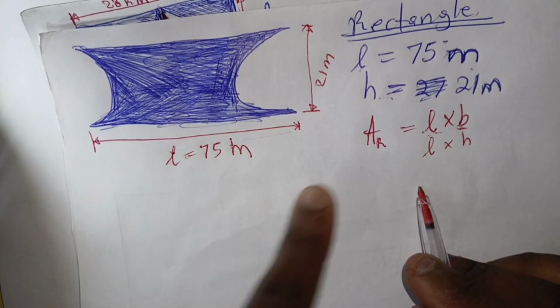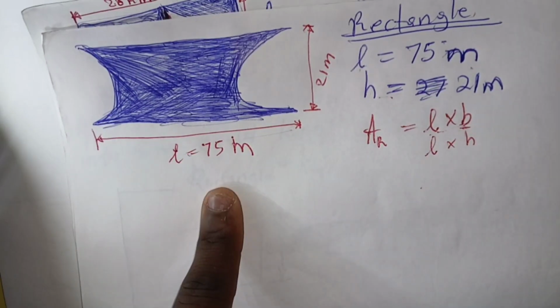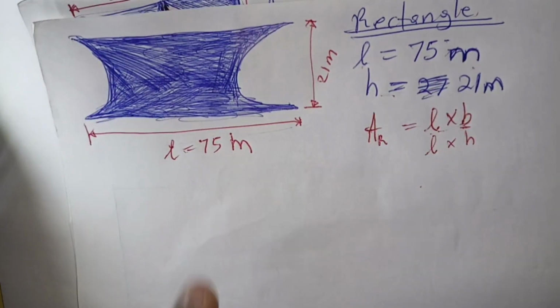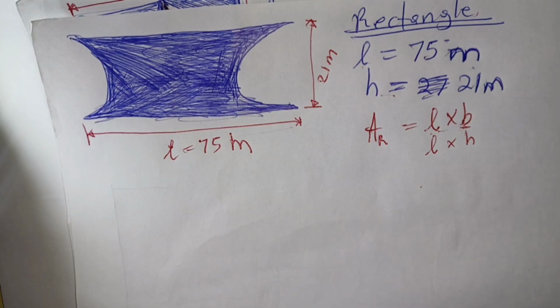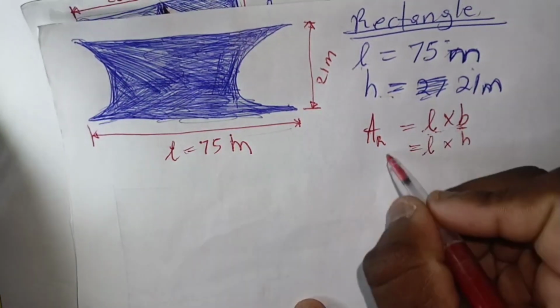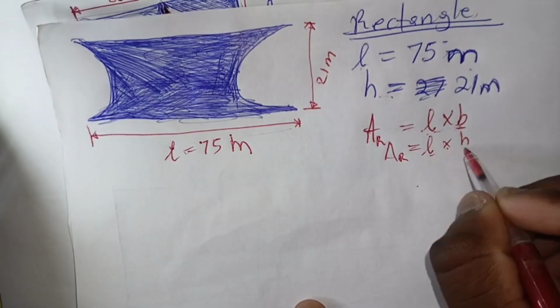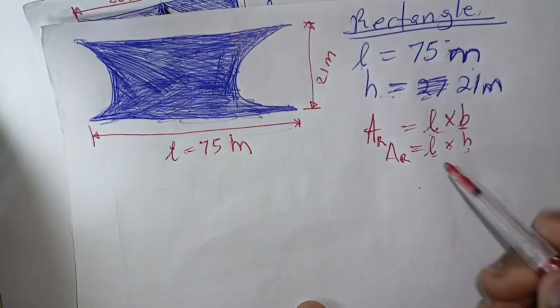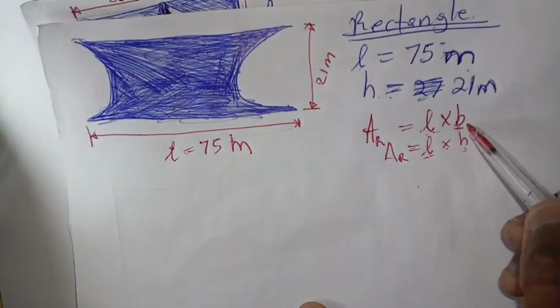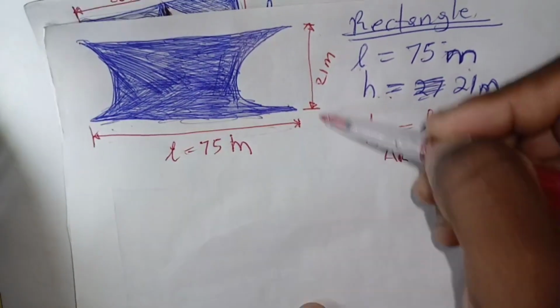But when you substitute, you'll get the same answer. You can even use this length multiplied by height, where this is your length, and that one is your height, meaning this is your breadth.